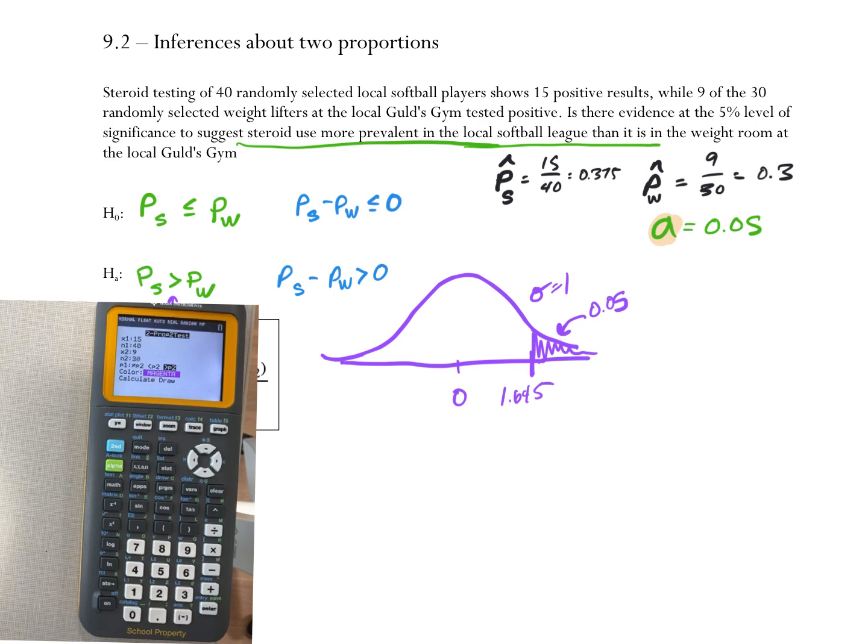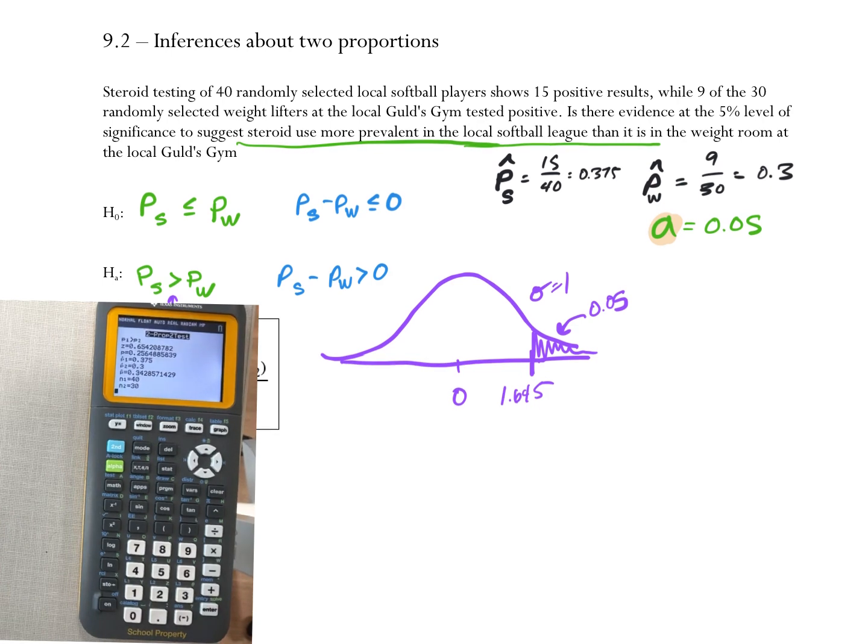Make sure that we have the greater than sign. I found that our z statistic is 0.654. And just because we're going to use it in a second, our p-value is 0.256.